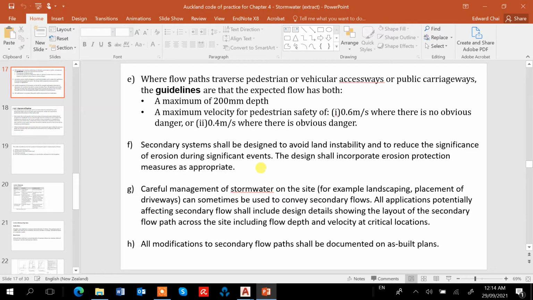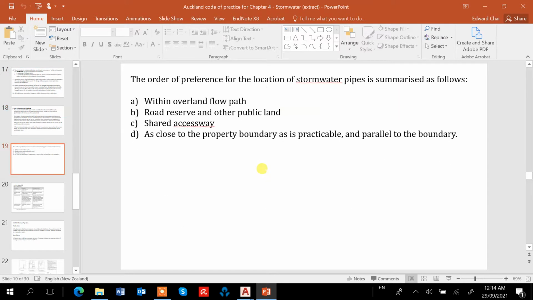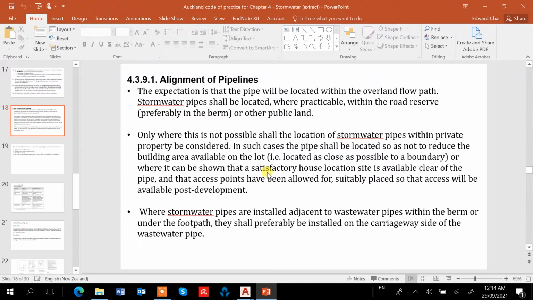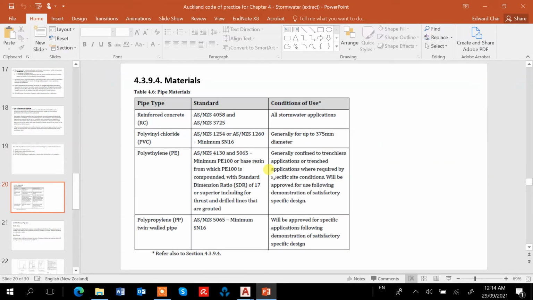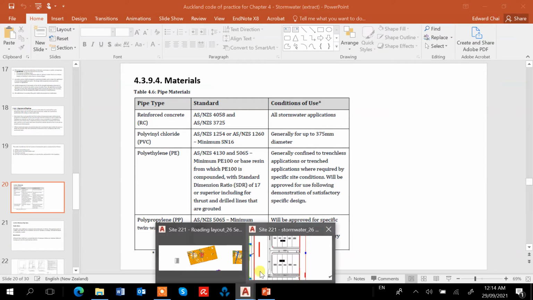So I think the stormwater pipe needs a certain slope as well.